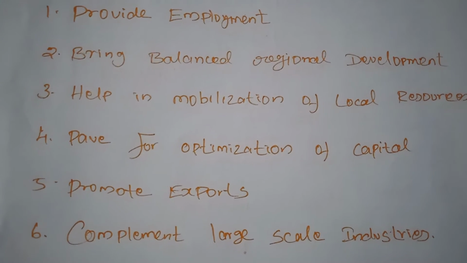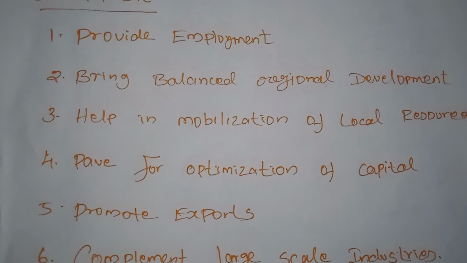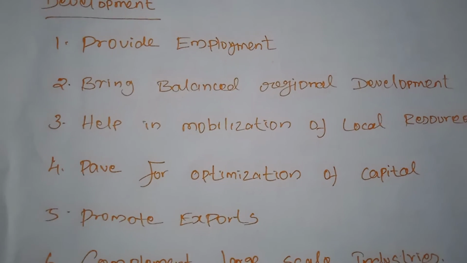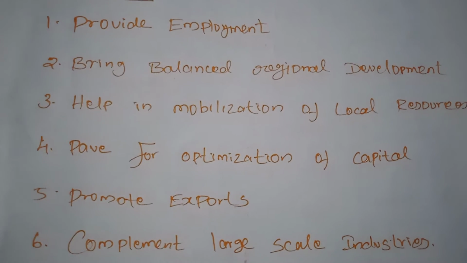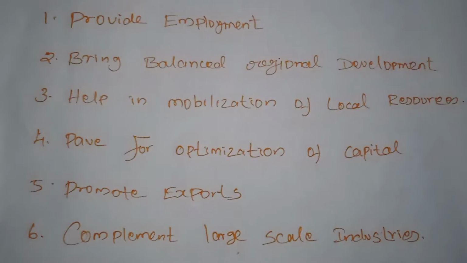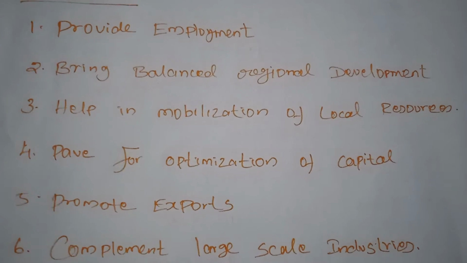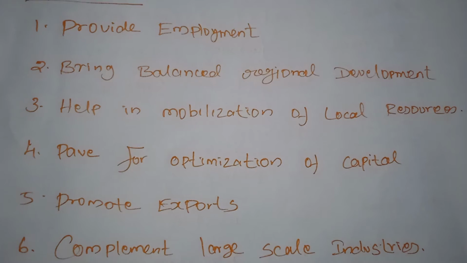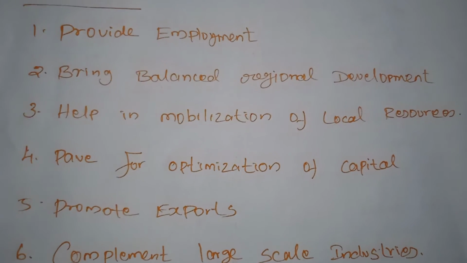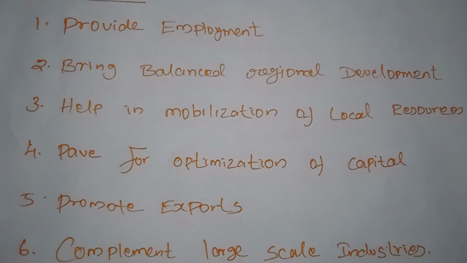Next, they help to reduce the problems of congestion, slums, sanitation and pollution in cities. They are mostly found outside city limits. Small scale entrepreneurs are always selected to start industries far from the cities, in poorer areas, so there is no need to create environmental problems.